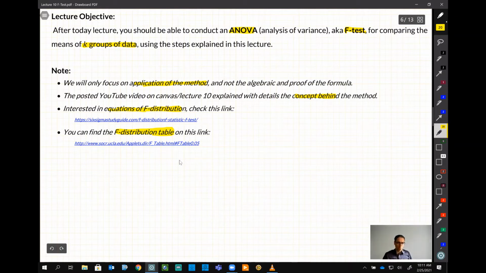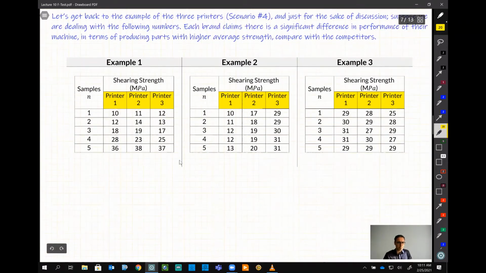Okay, with that in mind, let's see what the F-test is. I always like to convey my message using examples. Let's get back to the example of the printers for our propellers, and keep in mind we are focusing on scenario number 4, where we had 3 different printers.